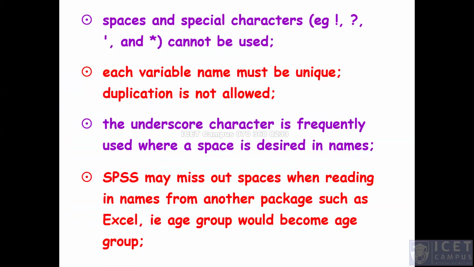SPSS may miss out spaces when reading in names from another package such as Excel, so age group would become agegroup. In Excel we can put spaces between words, but in SPSS it's not possible.